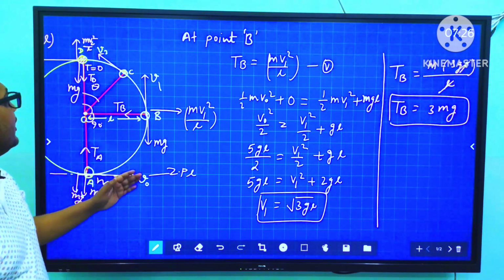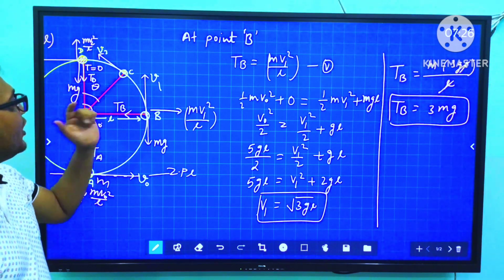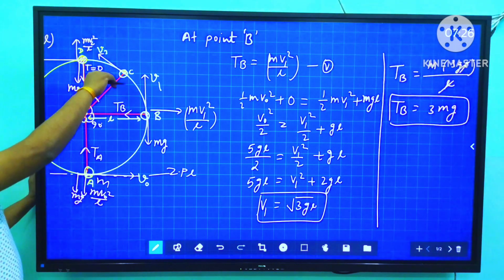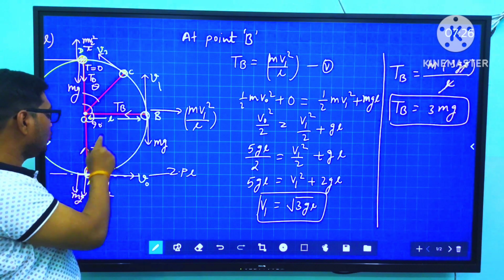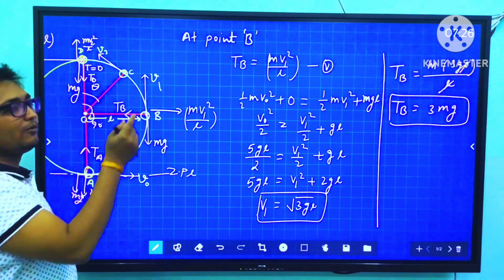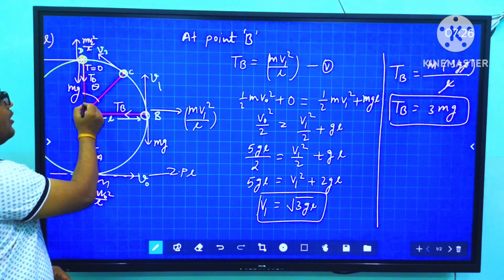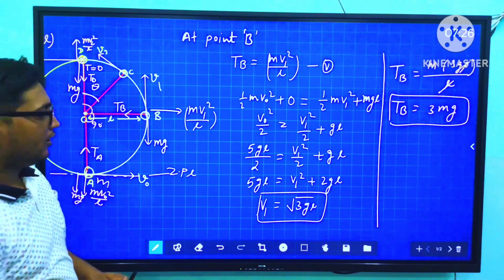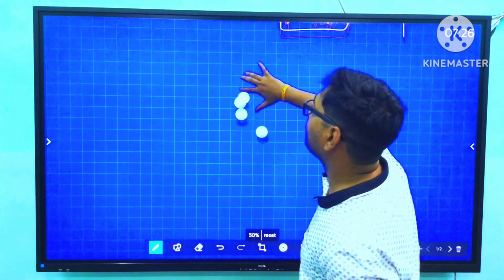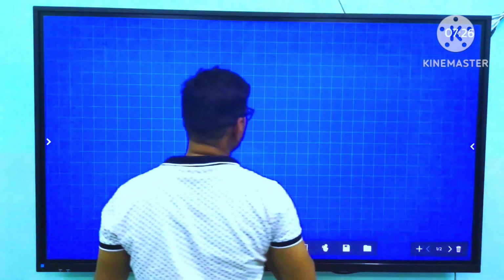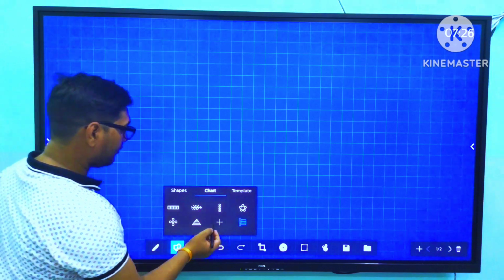Now we are going to calculate the tension and the velocity at point C. This point C is in between the lowermost point and the highermost point. We can say this is a general point for which the string makes angle theta with the vertical. Now we will redraw this diagram for this specific case, and this will be a general case that will cover all other points.